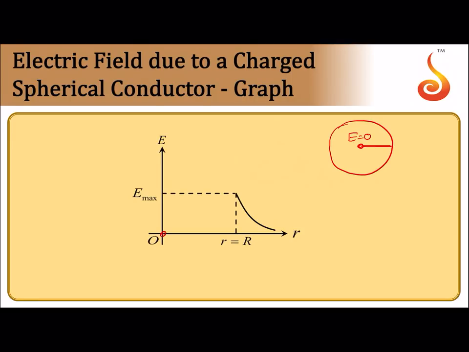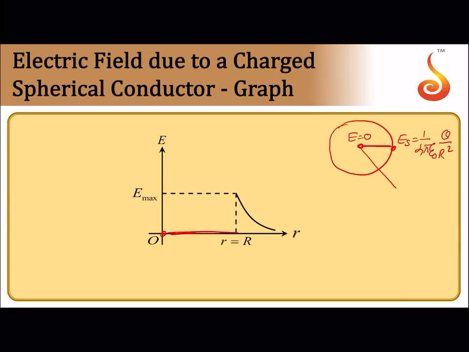On the surface, the electric field is 1 by 4 pi epsilon naught q over capital R square.